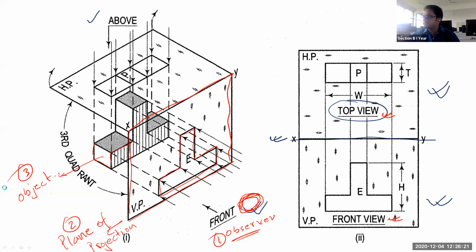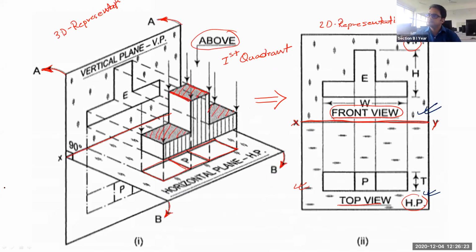Okay, in the previous case, observer was on this side, observer is coming here, then your object is coming, and then finally your plane of projection.